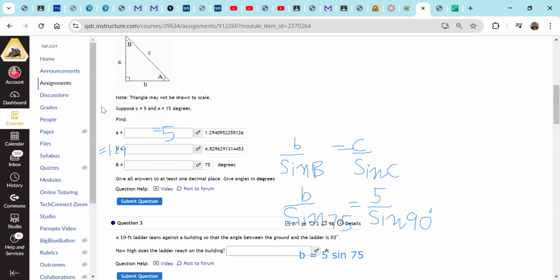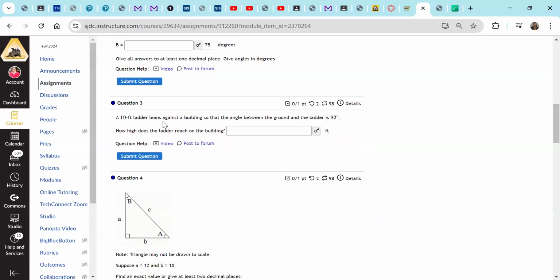I'm going to erase this one now. And we go right here to the third one. It says a 19 feet ladder leans against a building so that the angle between the ground and the ladder is 82 degrees. How high does the ladder reach on the building? So suppose we have the building here, and a ladder leaning on it, and it would make a triangle this way.